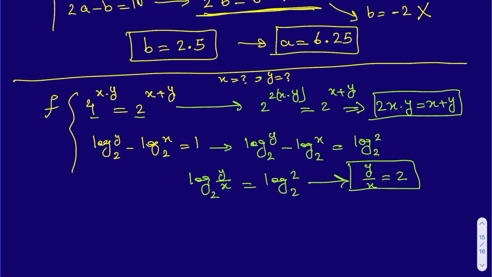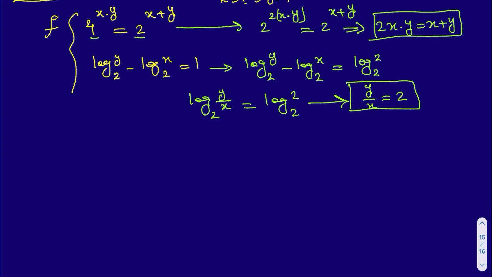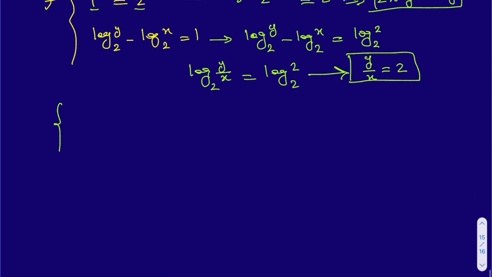This is another conclusion. So then let me rewrite them again here, tidy and neat, so I can understand what I'm going to do. So this will be 2xy, 2 times x times y, must be equal to x plus y, and also y must be equal to 2x.